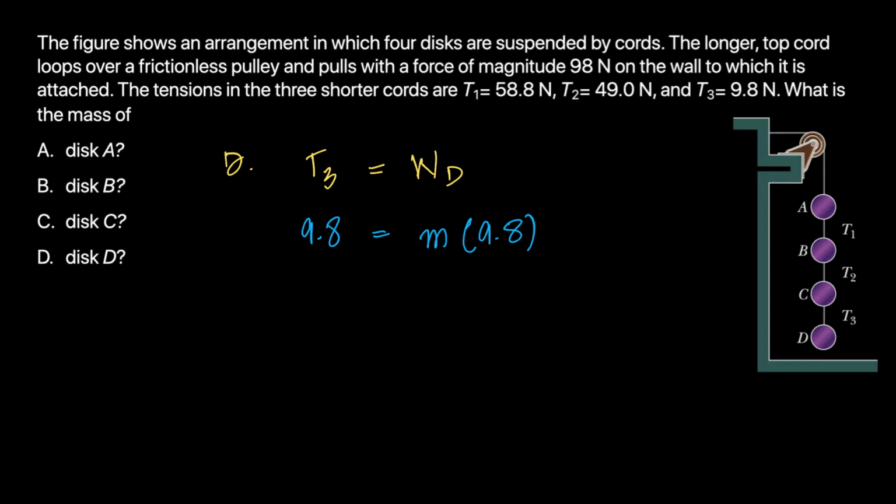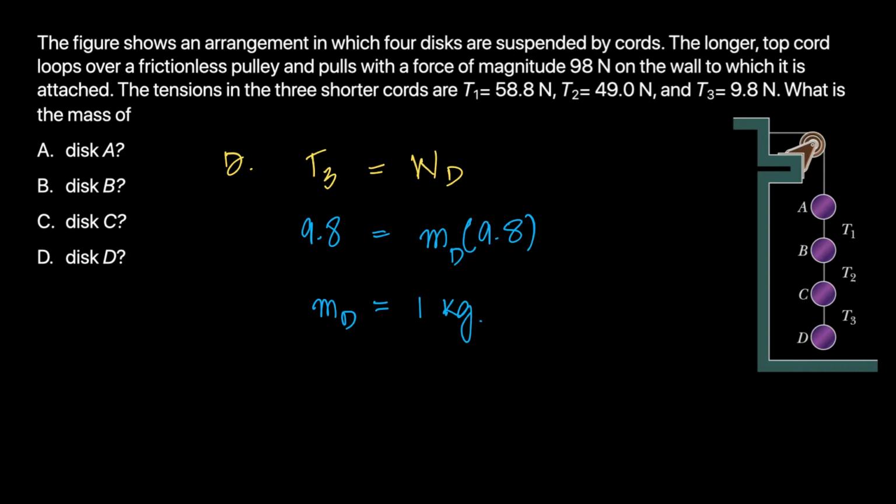Otherwise, always take 9.81. But we're just doing it 9.8 because I think we'll have nicer answers. 9.8 divided by 9.8. I can't believe I actually put that in the calculator, but the mass D is coming out to be 1 kilograms.